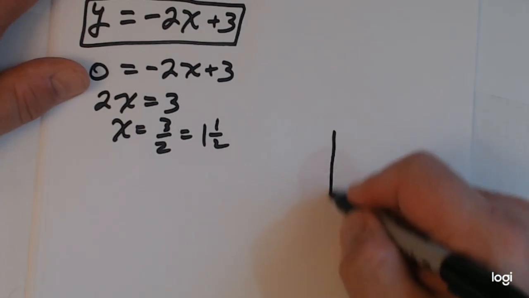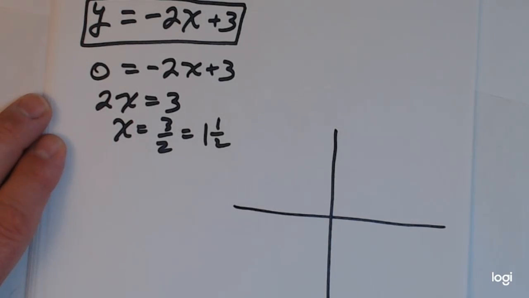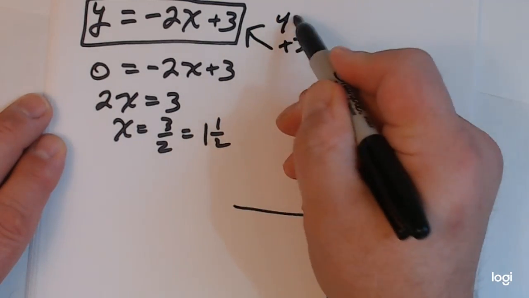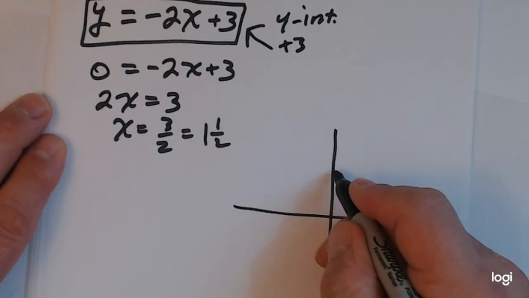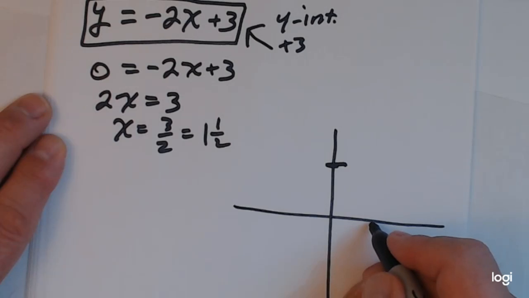So now that we have the two intercepts, we can graph this thing. So the y-intercept, which is right there, plus 3. So the y-intercept is 3. And the x-intercept is 1.5.